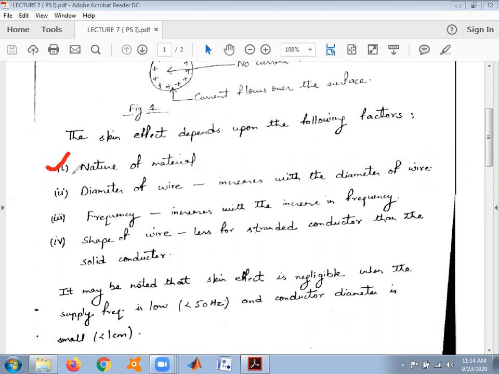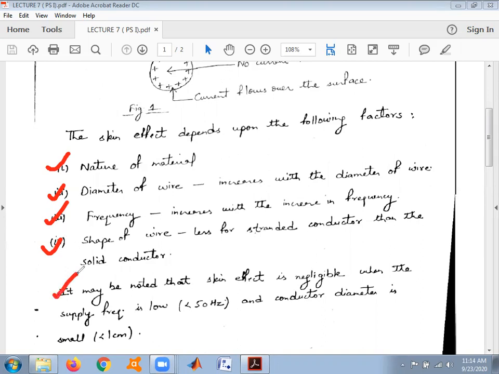The next is the diameter of wire: if the diameter of the wire increases, the skin effect will increase. The third parameter is frequency: skin effect also increases with the increase in frequency. The last is the shape of wire: depending upon the shape, skin effect is less for stranded conductors than for solid conductors.